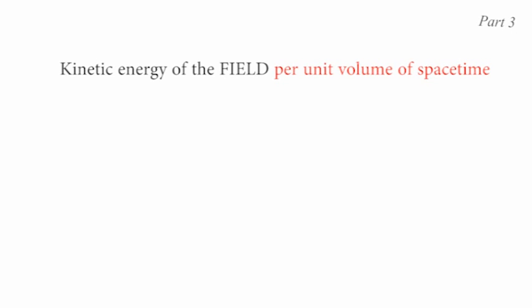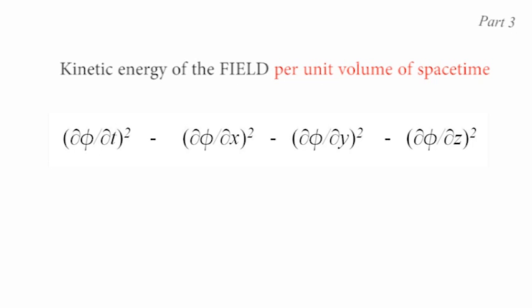We also illustrated that the kinetic energy per unit volume of the scalar field phi will contain 4 terms: d phi by dt squared minus d phi by dx squared minus d phi by dy squared minus d phi by dz squared.